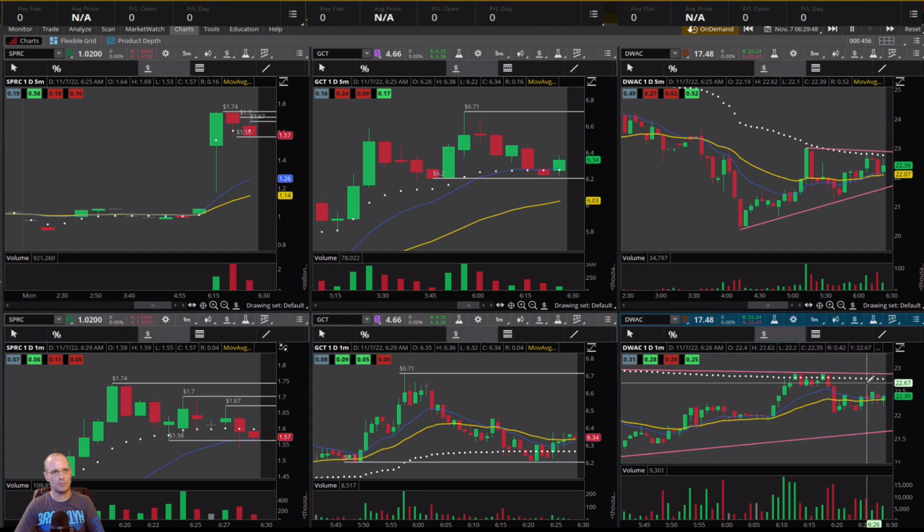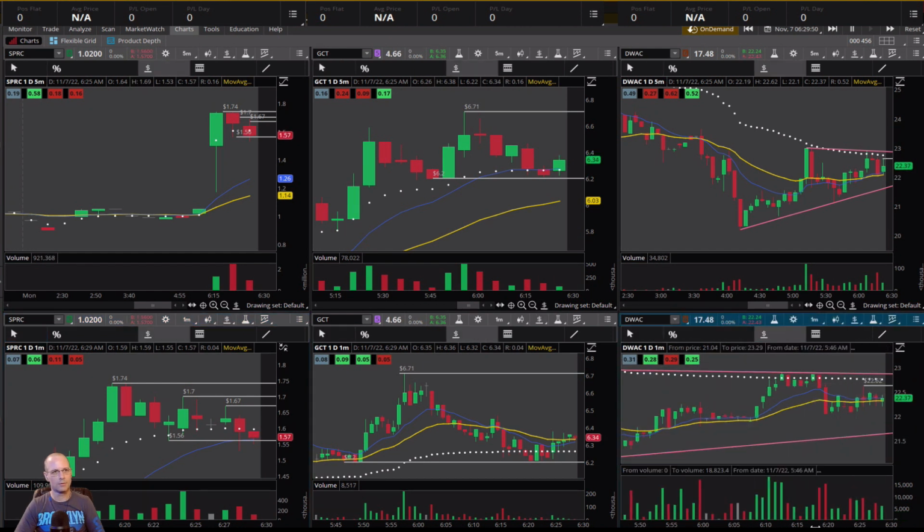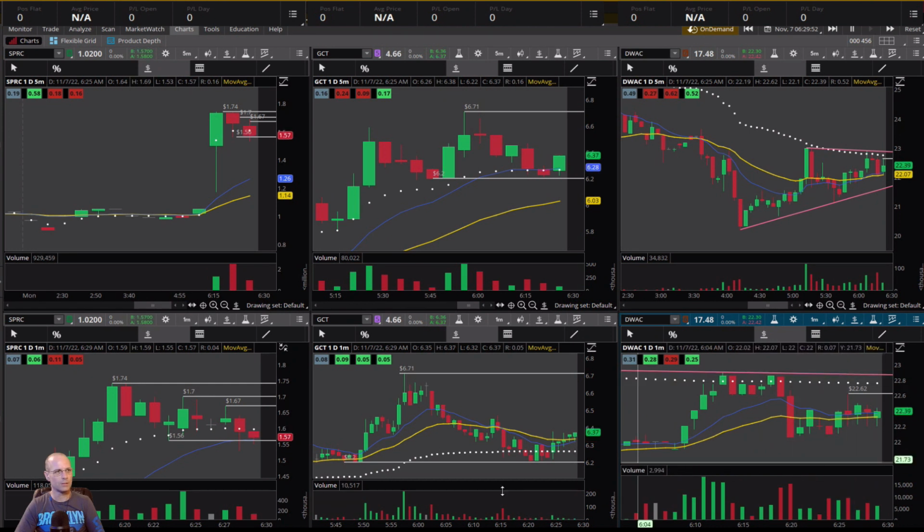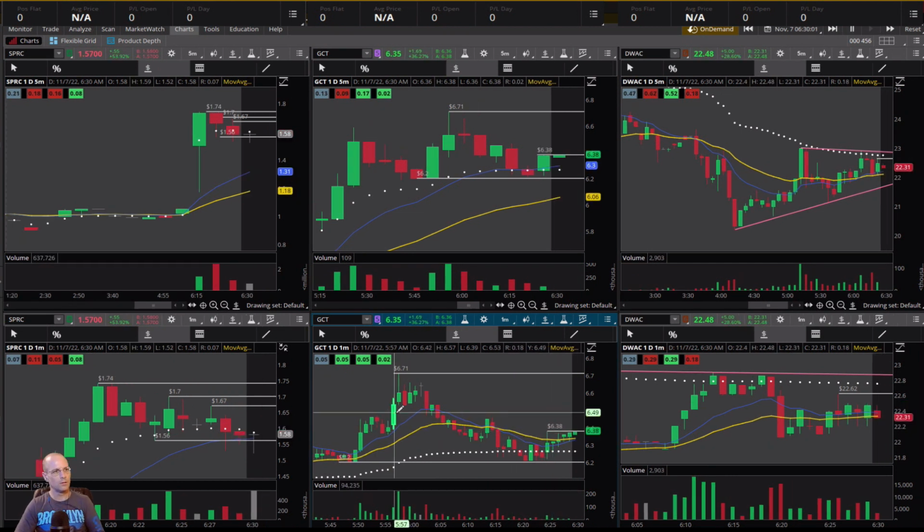And I would buy DWAC possibly here if we break over 22.62. We also have a resistance here on GCT.